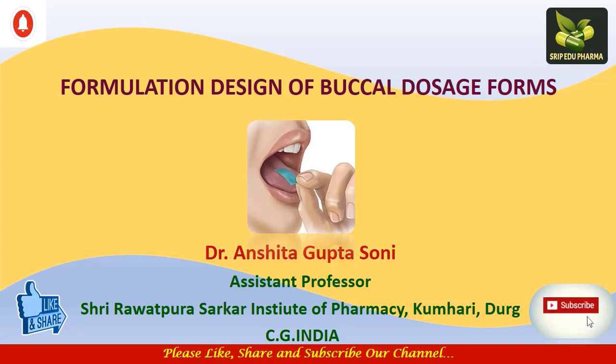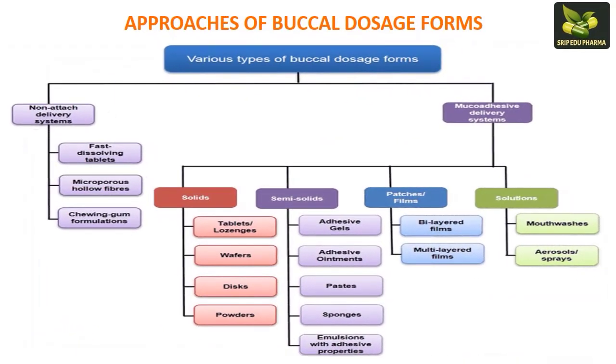So let's start today's video on formulation design of buccal dosage forms. So students, coming to the approaches of buccal dosage form, as from the figure displayed here, you can see that there are various types of buccal dosage forms. That is, non-attached delivery systems and mucoadhesive delivery systems.